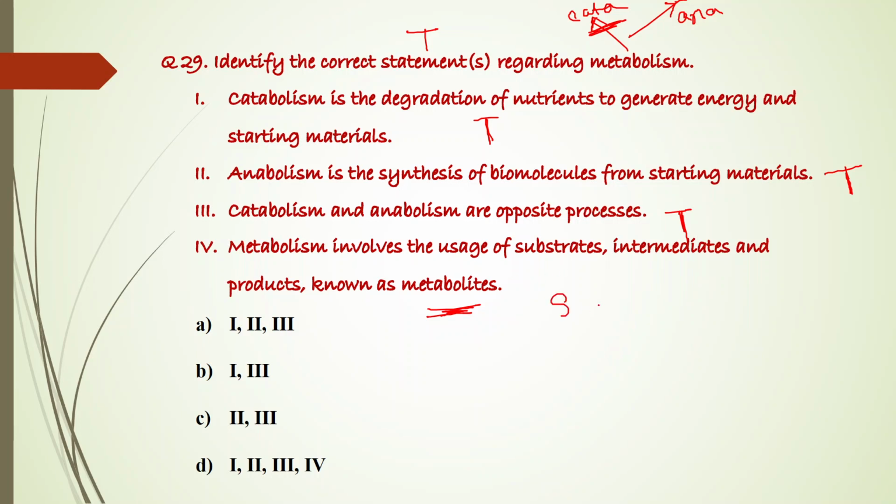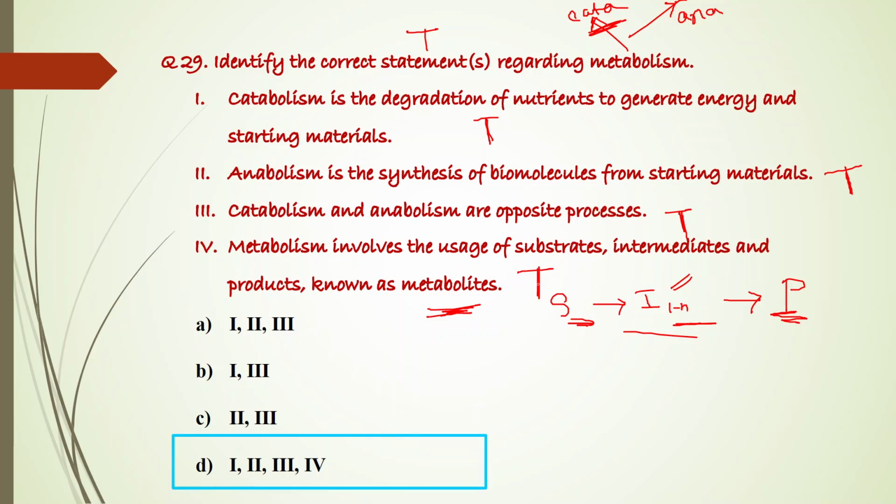We have our substrate, from which we get many intermediates in between, which finally give us the product, and all of them, the intermediates, the products and the substrate we started with, are collectively known as metabolites. So the fourth statement is also true. All of them are true statements, so the correct option should be option D.